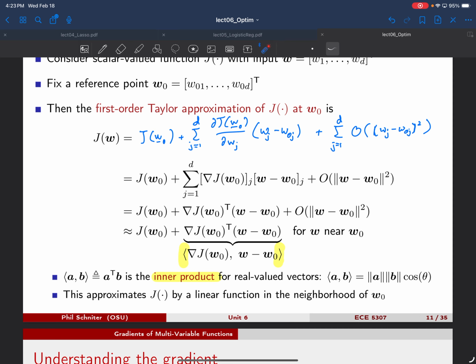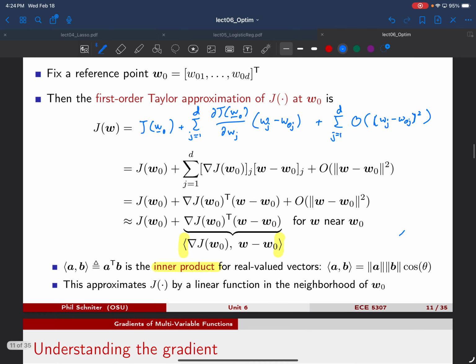Because when we deal with real valued vectors, let's say any real valued finite dimensional vectors A and B, the inner product between A and B is basically this, A transpose B. And interestingly, we can interpret the inner product as something to do with the angle between those vectors. And the way to realize that is you can always write the inner product this way, where you have the norm of A times the norm of B times the cosine of the angle between those vectors.